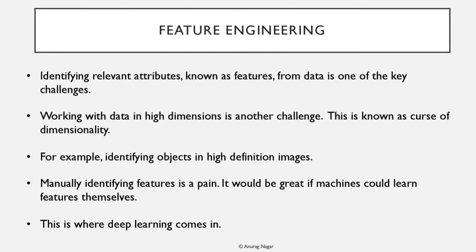So these are some of the challenges. And one of the big challenges is identifying relevant attributes from the data. Sounds obvious, but it is not obvious, because there are some attributes that human beings can identify, but the machines cannot identify. So, just as telling you something about it, there was a Netflix $1 million competition.